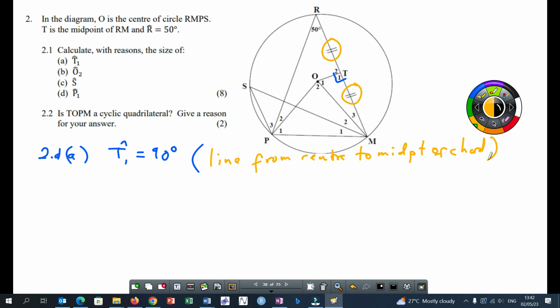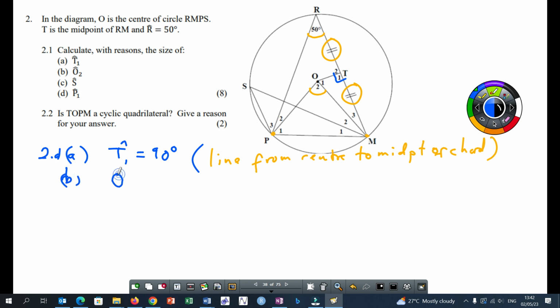Okay. Then to get angle O2, we are told that angle R is 50 degrees. And angle R is at the circumference. O2 is at the center. Both angles are subtended by the same chord PM. So we use theorem 2. Angle at center is 2 times angle at circumference.